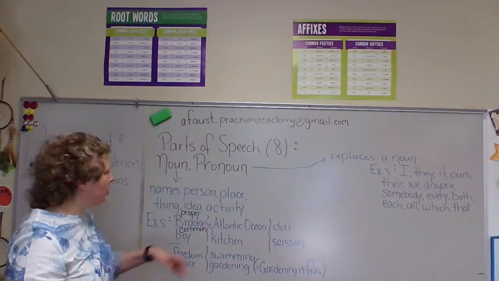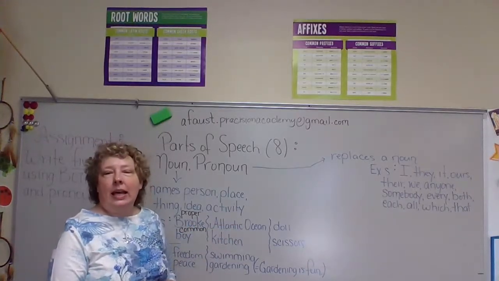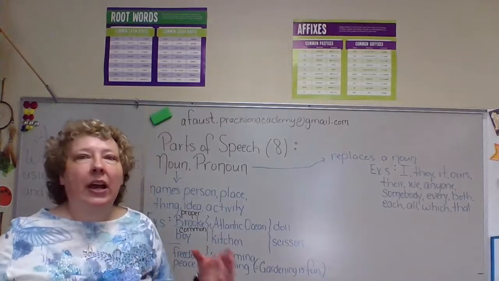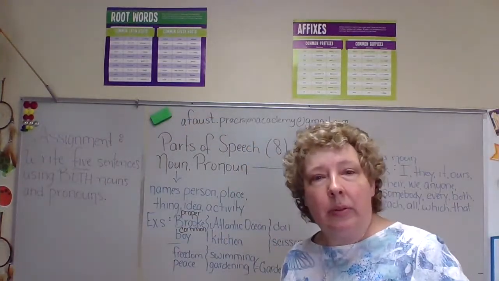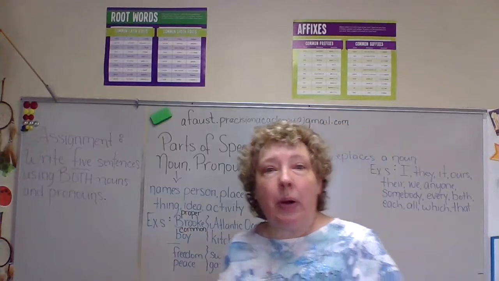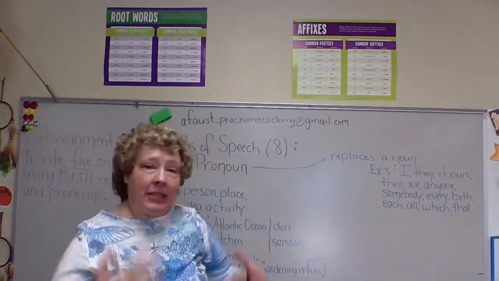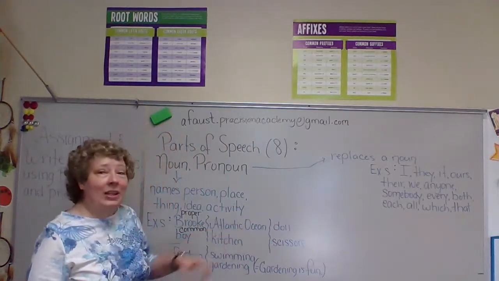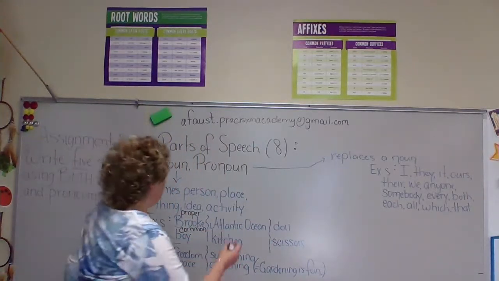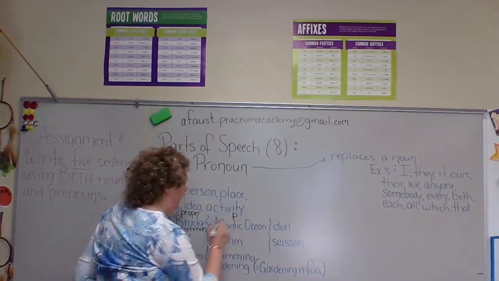Okay? Let's move on to place. Atlantic Ocean, very specific. Do you think it would be common or proper? Simple. It's a specific name of an ocean, and it's very much capitalized. So we'll just call it P for our purposes.